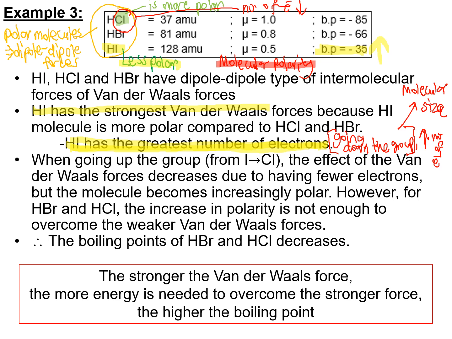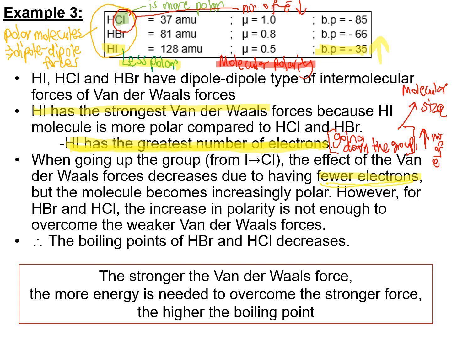Okay, so although that going up the group, the molecule will be increasingly polar, tapi kita mengira faktor number of electrons ni ya. Okay, so we can see here kalau going up the group, you will have fewer electrons.